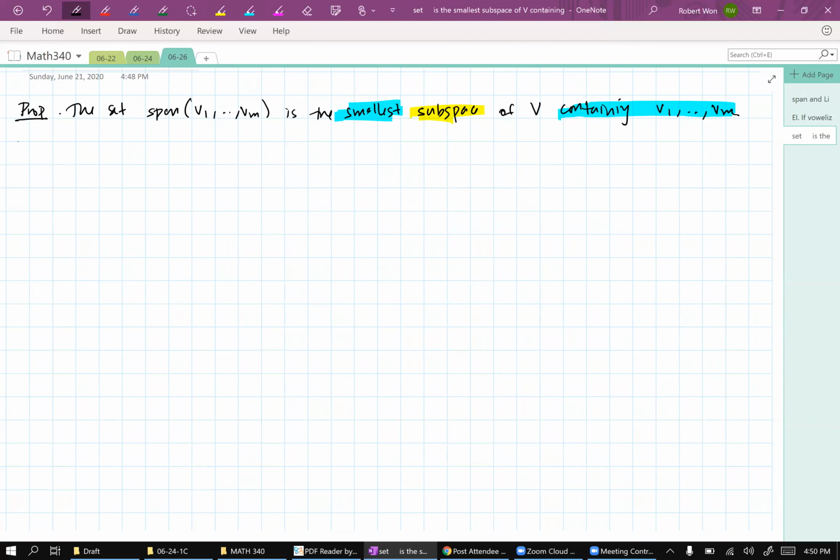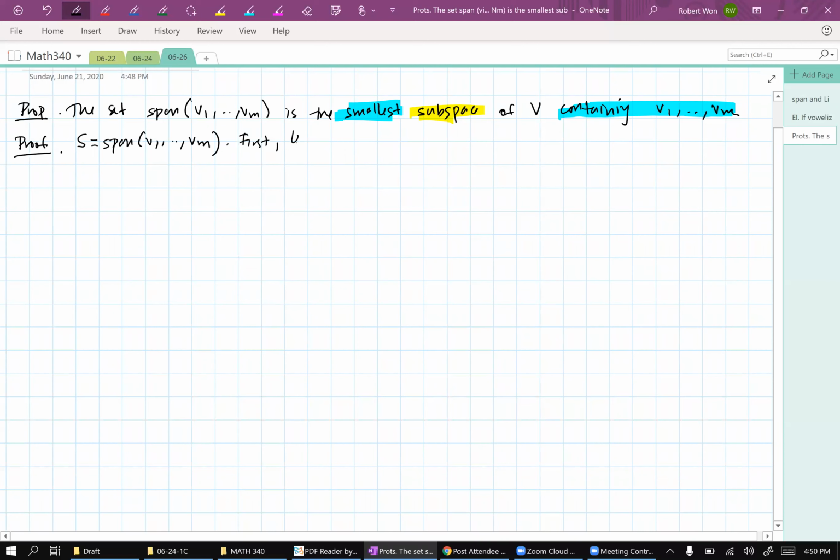So first, let's show that this span is a subspace. Just for notational ease, let's call this thing S. The span is S. S is all possible linear combinations of v1 through vm. So first, let's show that S is a subspace. How do you show that something is a subspace?